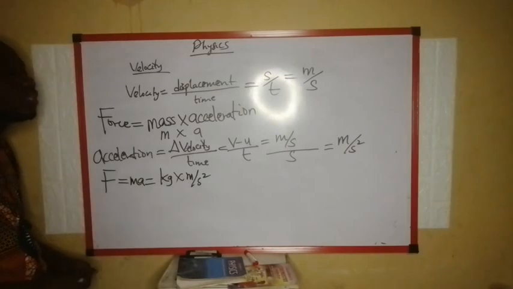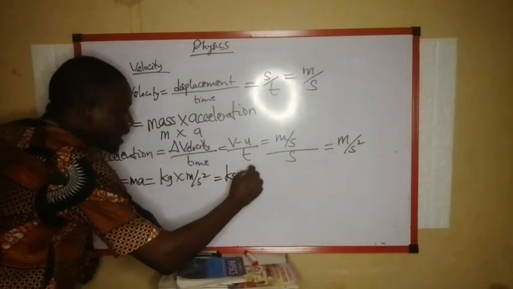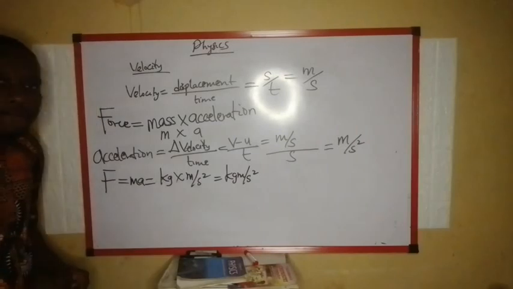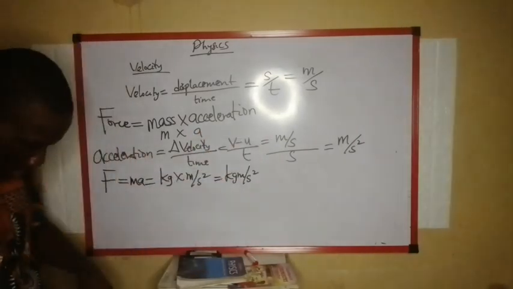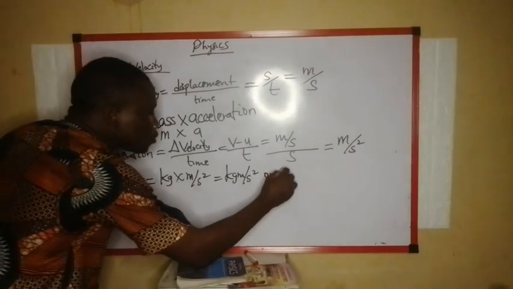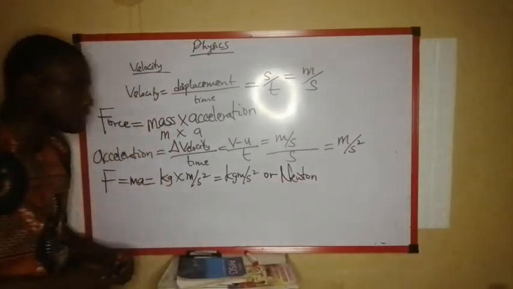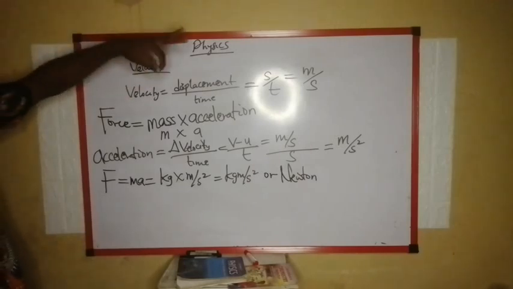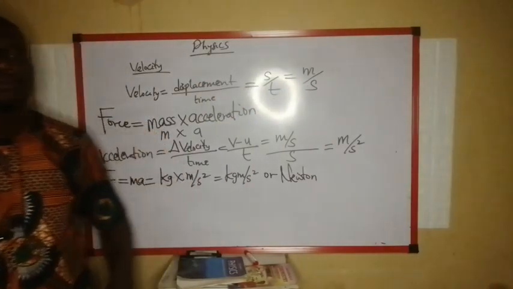So meaning that the unit of force is kilogram meter per second square, or Newton. So we already have two units now.